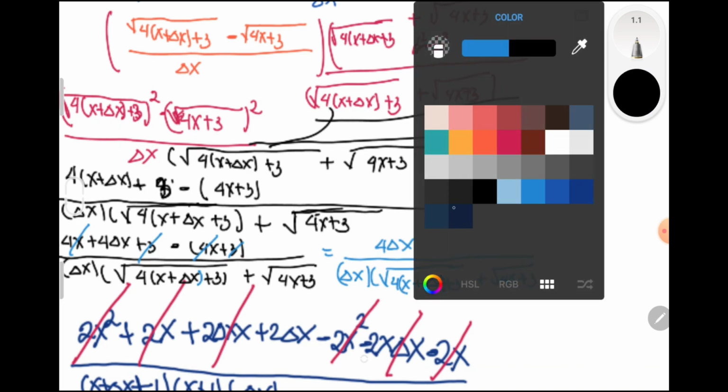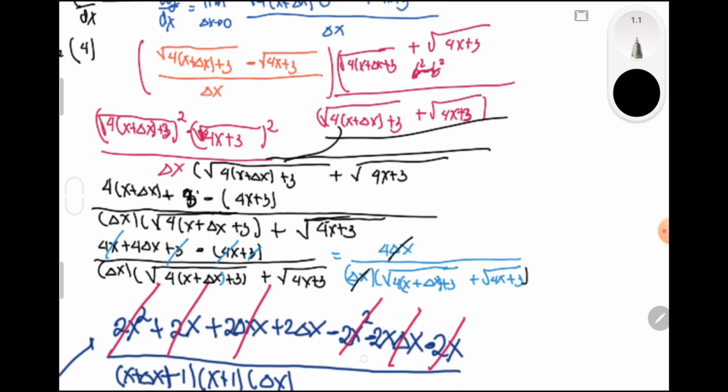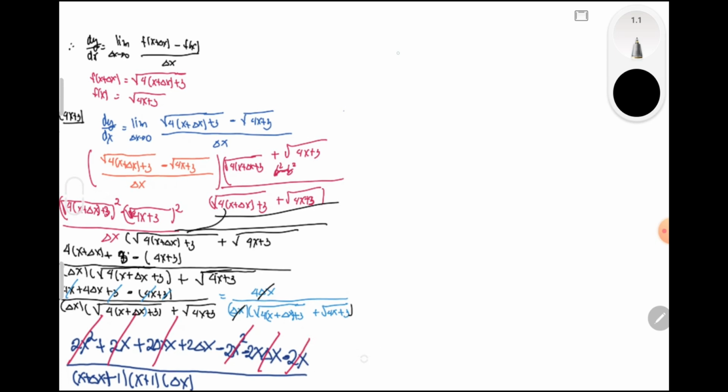So you will notice that we have a similar numerator and denominator factor: delta x divided by delta x is equal to 1. So therefore we will have a value equal to 4 divided by the square root of 4 multiplied by (x plus delta x) plus 3 plus the square root of 4x plus 3.